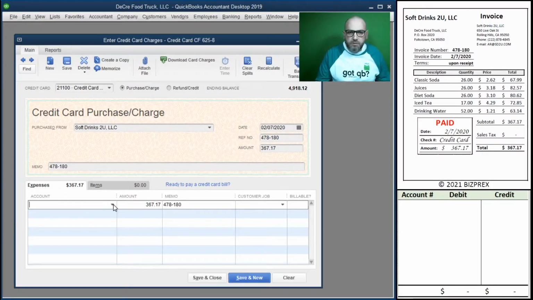We have drinks, right? So again, drink purchases, supplies. So let's make sure we understand what's going on here in debits and credits. Again, our liability is going up because we paid it with a credit card, and our expenses are going up because we are incurring expenses. So again, debits and credits are in agreement, we're good to go.